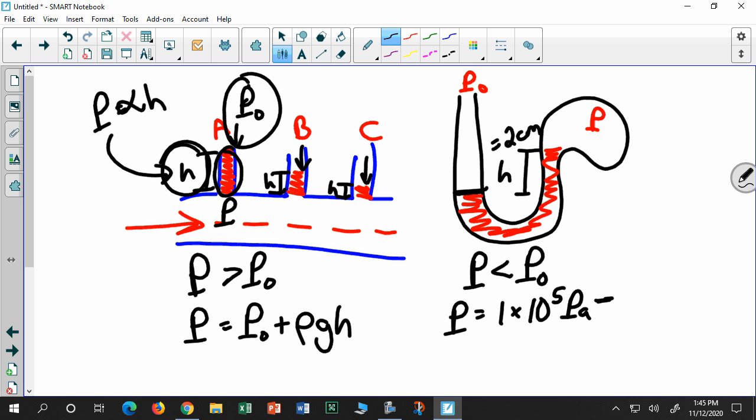Because P has to be less than 1 atmosphere, because of those relative levels of the fluid. Let's say that it's mercury, that would be rho g h, 13,600 times 10. And then be careful that you always convert your units, 0.02 meters, and then that would be whatever it is. Okay?